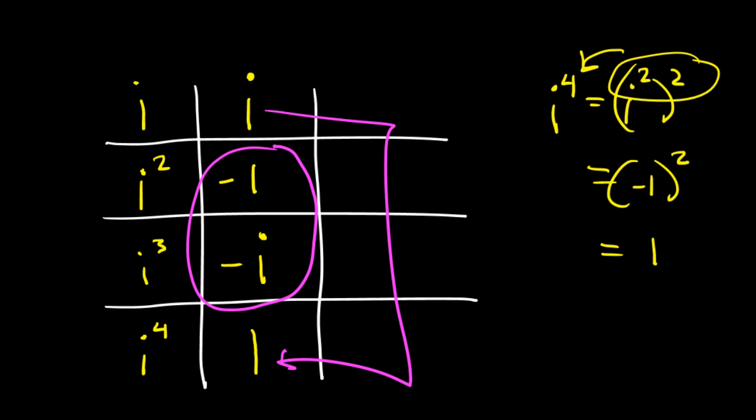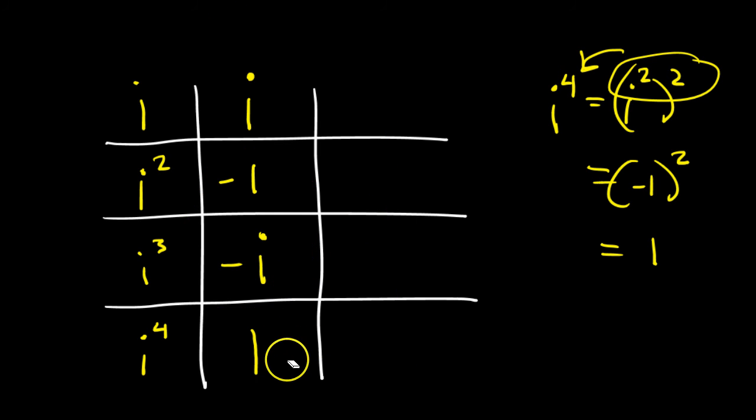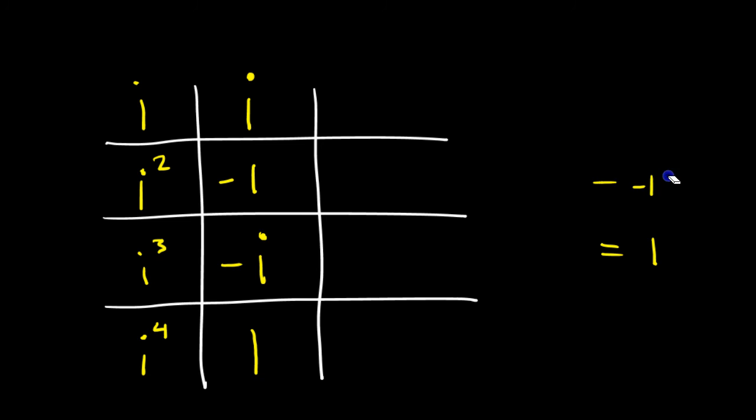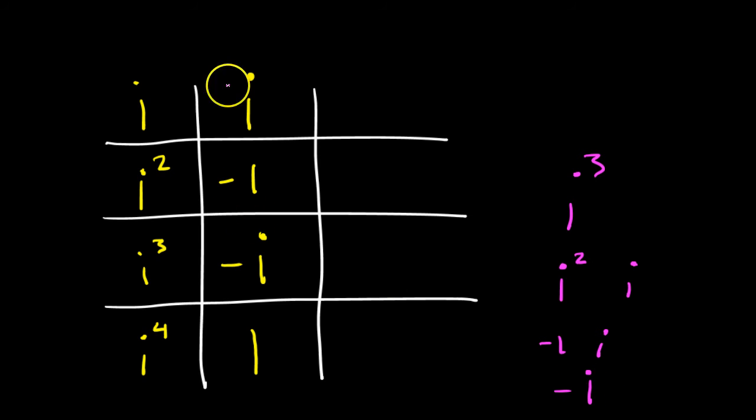That helps some students, so if that helps you, use it. Okay, one more thing. Another way to look at i to the third power is i squared times i. And if you know i squared is negative 1, then that's negative 1 times i, or negative i.